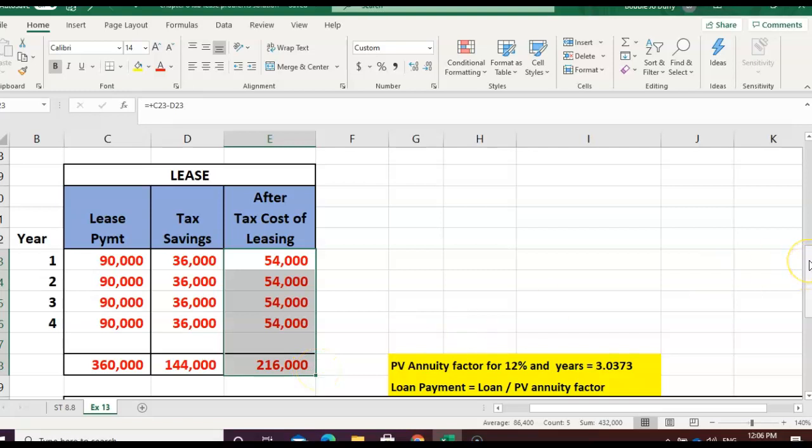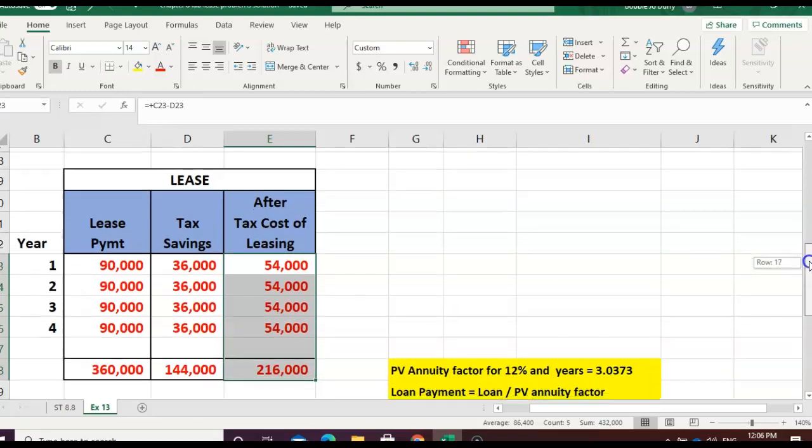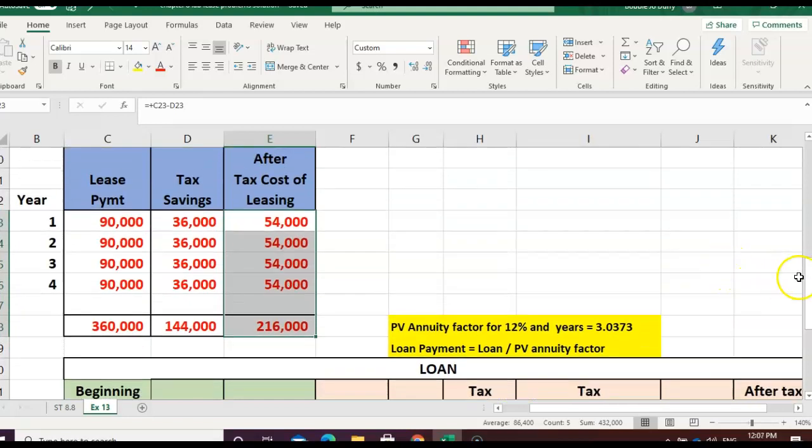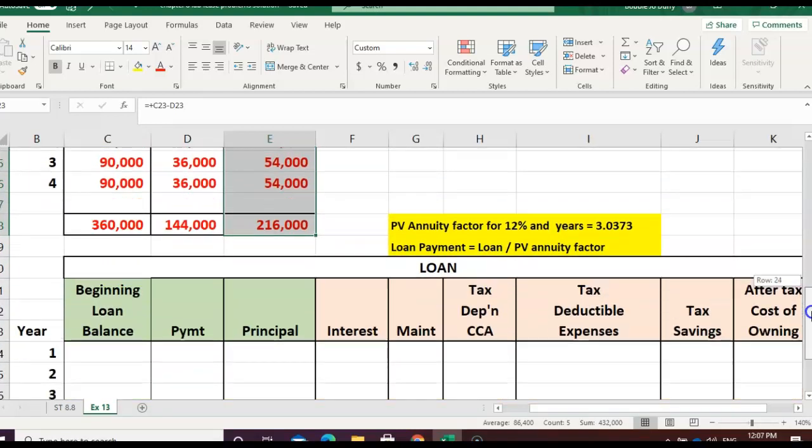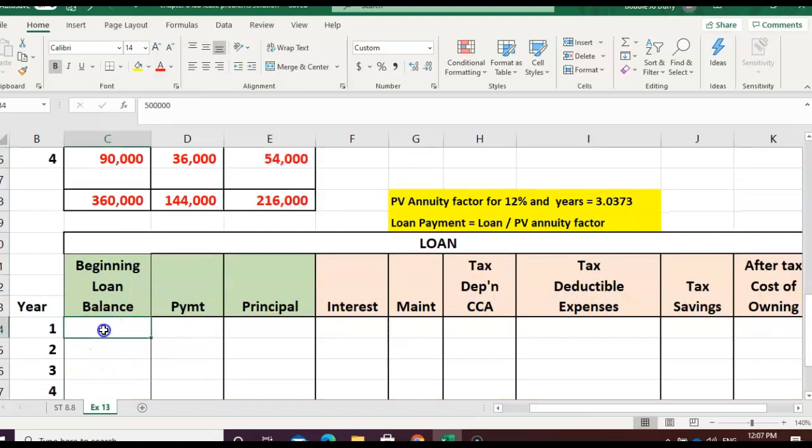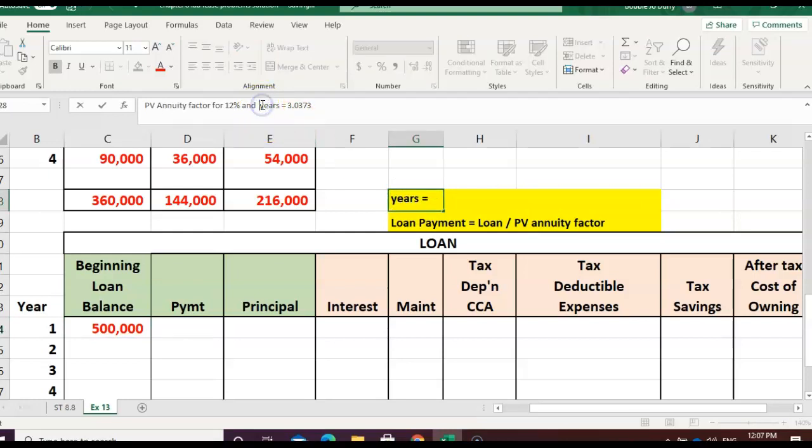So the purchase decision. We have a loan, so we can figure out the payment. The beginning loan balance is the price of the equipment, $500,000. We're getting a loan for 12% over, oh, it doesn't say years, I'll type in 4 years.